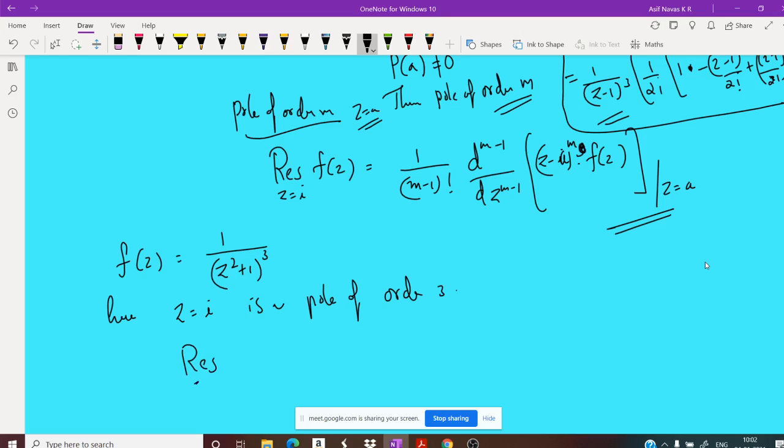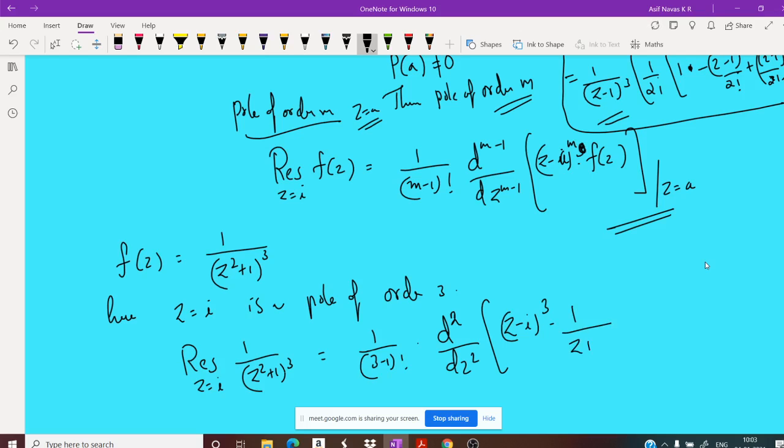Therefore, residue at z equal to i of 1 by (z square plus 1) all cube is equal to 1 by (3 minus 1) factorial into d raised to 3 minus 1 by dz square, of (z minus i) all cube into 1 by (z square plus 1) all cube.